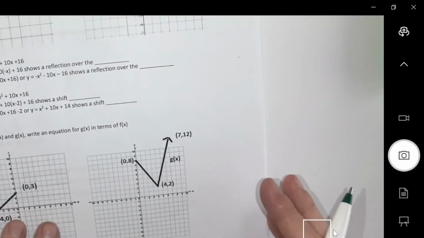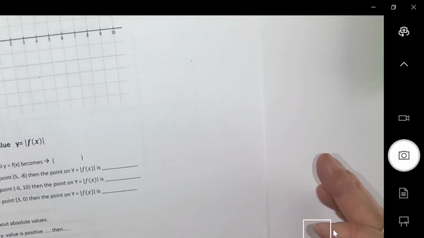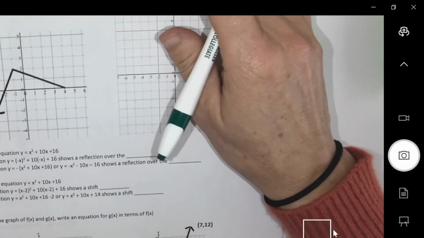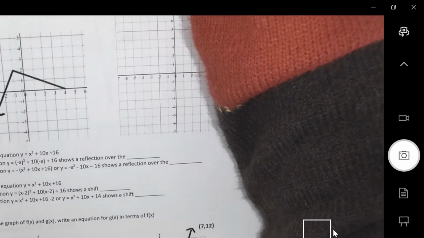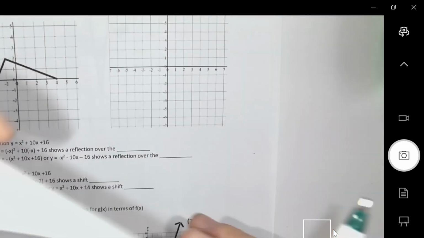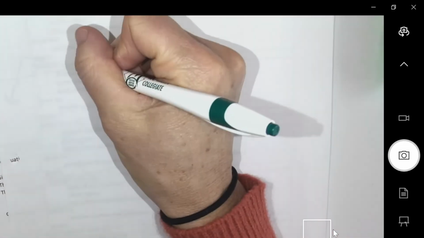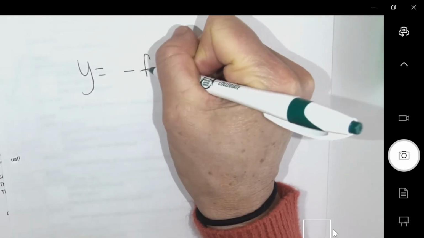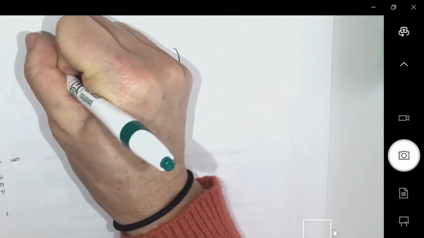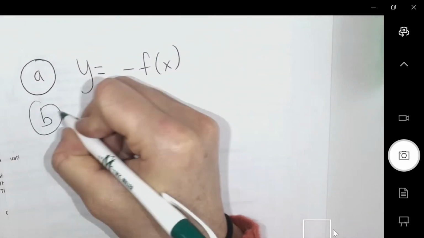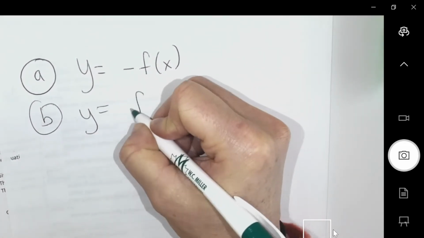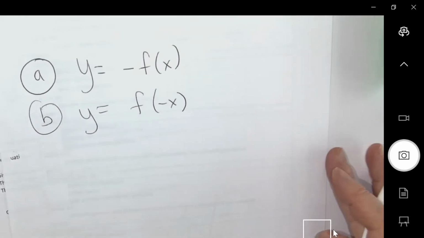Okay, I'm going to just talk quickly about something here and then let you go. If I have an A, that's what it looks like, right? If I have a B, this is what it looks like.